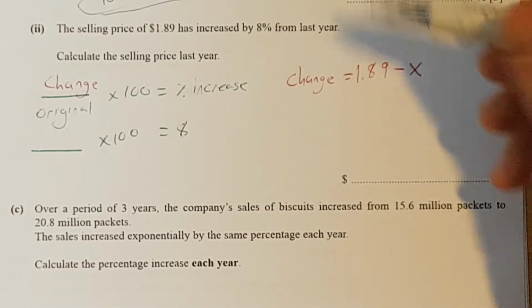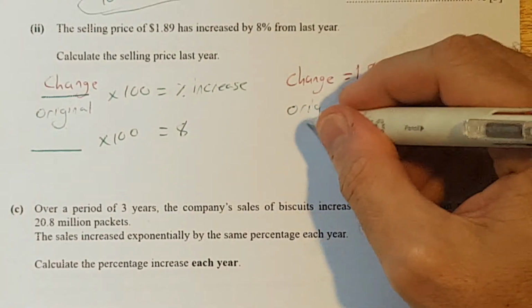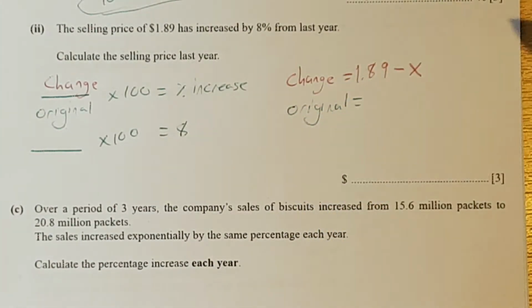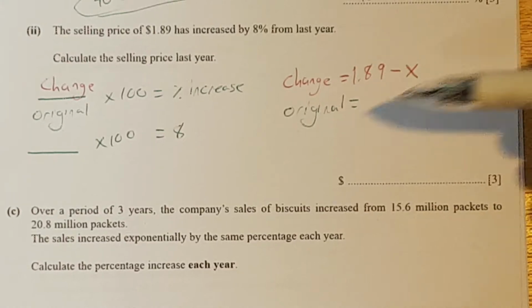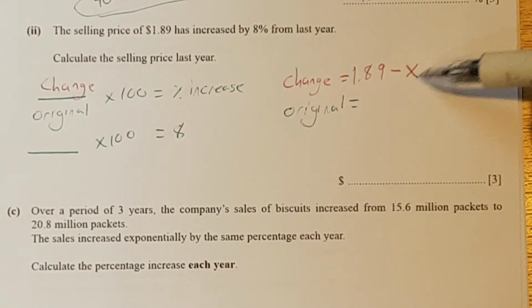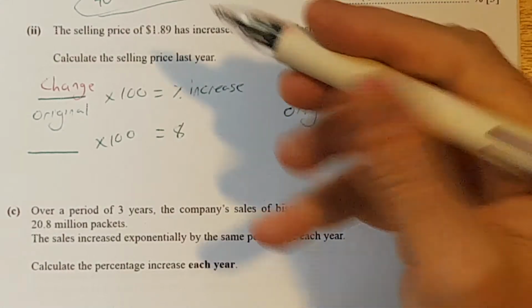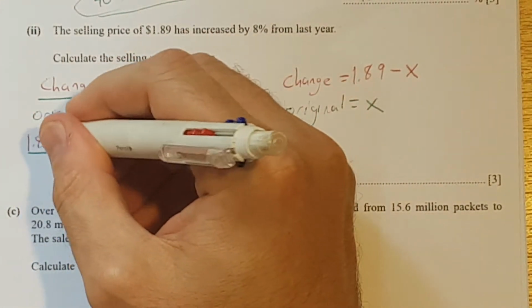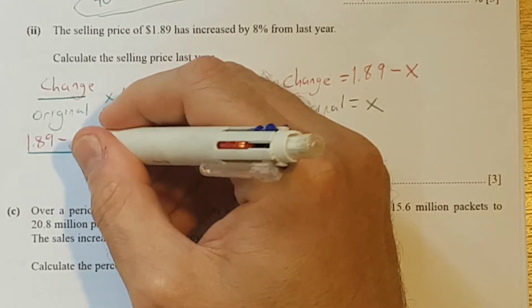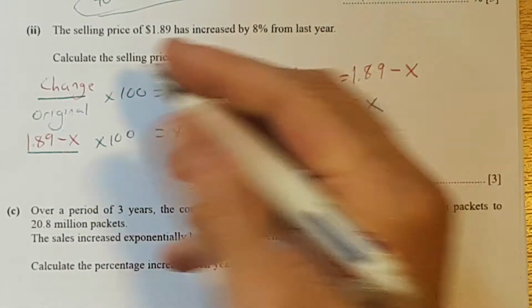And then the original value is the old. It's the X. So original is also going to be an X. So our formula is going to look something like this. $1.89 minus X all over X.